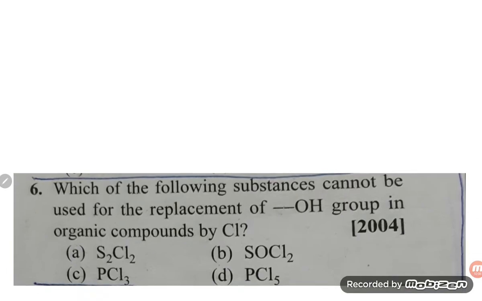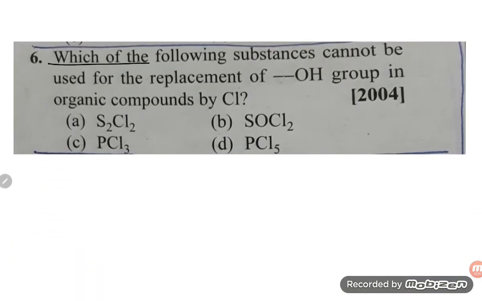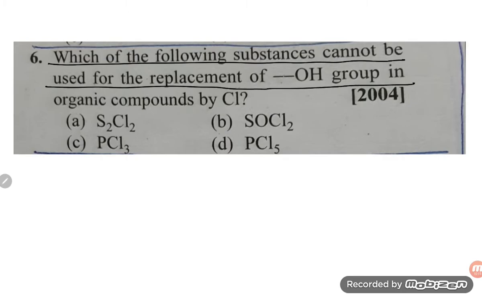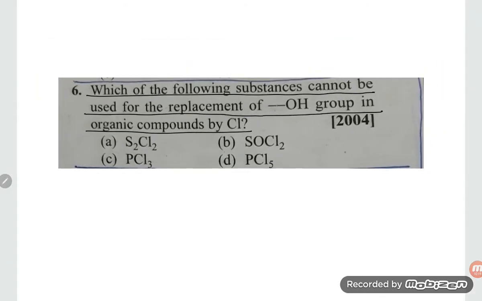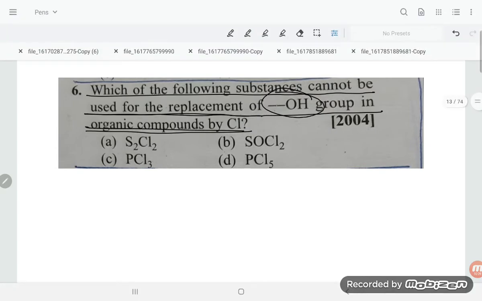Question number 6. What is the question? Which of the following substances cannot be used for the replacement of the OH group in an organic compound by Cl? So you are not able to replace the OH group by what?